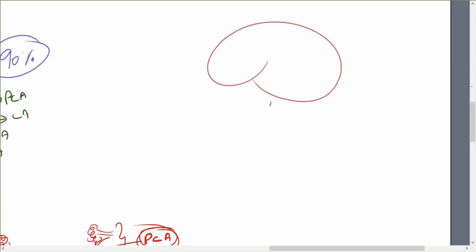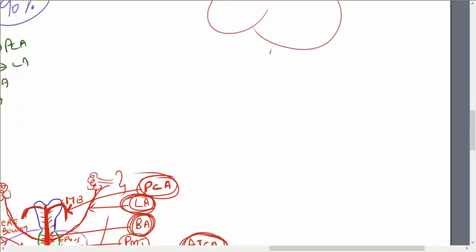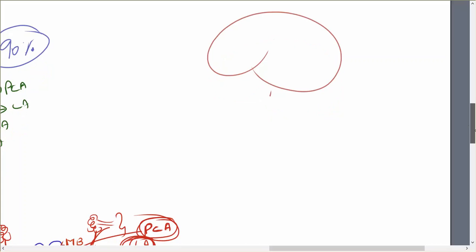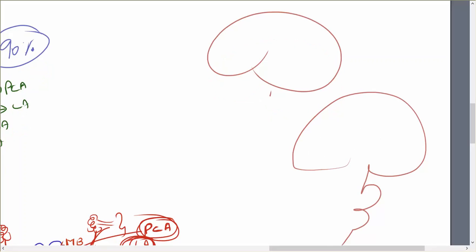Just you see, this is one position, and there is a sagittal section I'm going to draw. This is anterior, this is posterior, and this you are seeing is the corpus callosum.